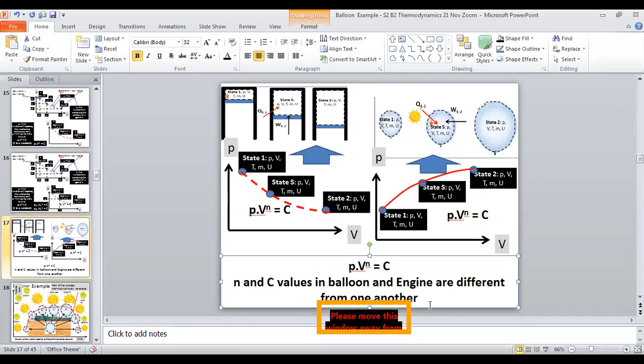Pressure and volume both are increasing in the balloon example, but in the power stroke example, piston cylinder, pressure is decreasing and volume is increasing. In both cases, volume increases, that's the point. For work done, there should be expansion of the system boundary, or expansion of the system volume. So that is the point.